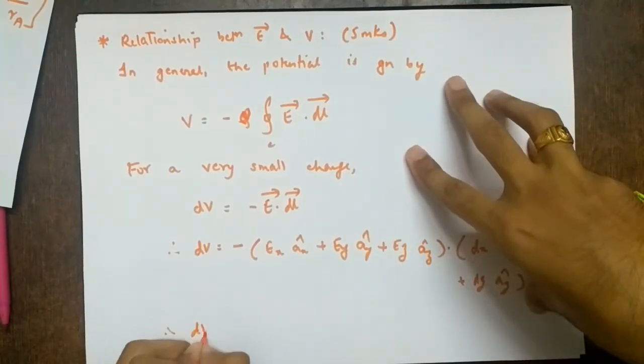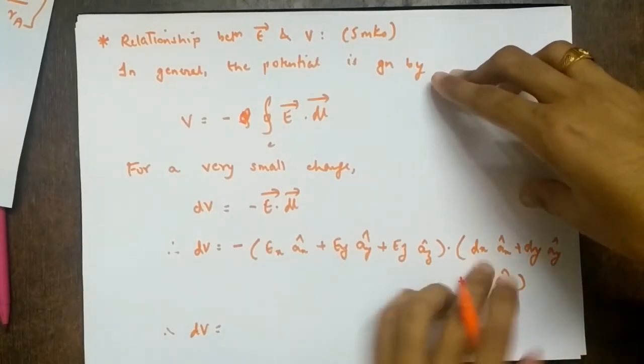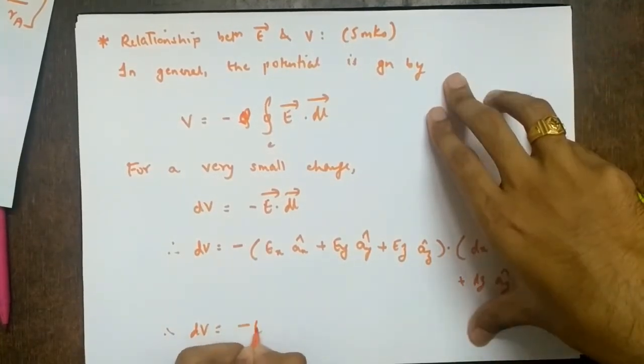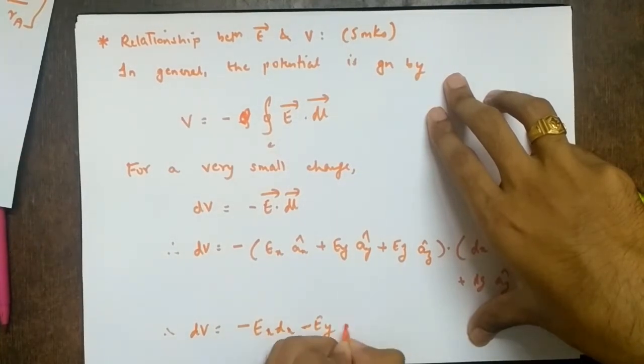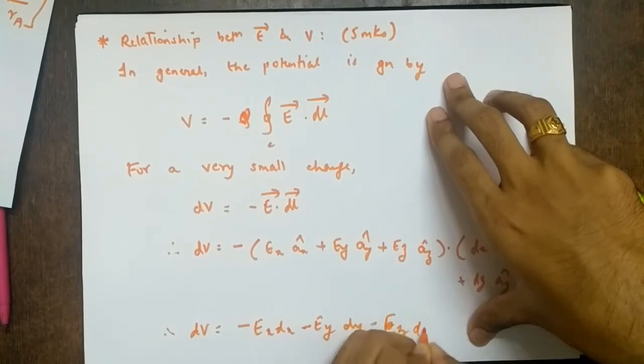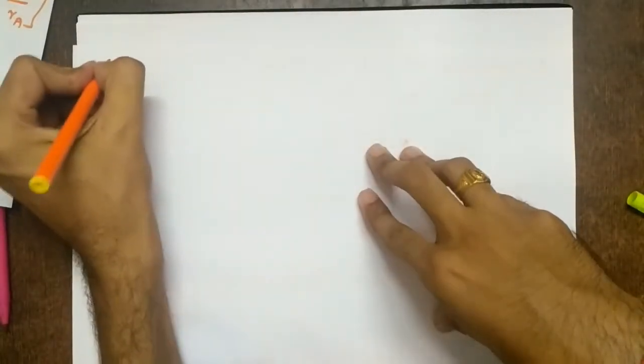If you take this dot product, what will we get? ax cap dot ax cap is 1, so minus Ex dx. Similarly, if you solve, you will get minus Ey dy minus Ez dz, right?